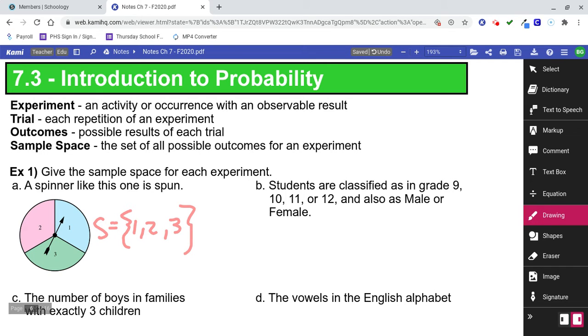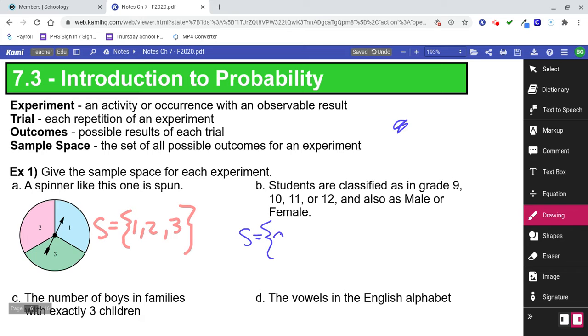Part B says students are classified as in grade 9, 10, 11, or 12, and also as male or female. So let's think about that one. A little bit harder. Sample space. Think about what you could have.